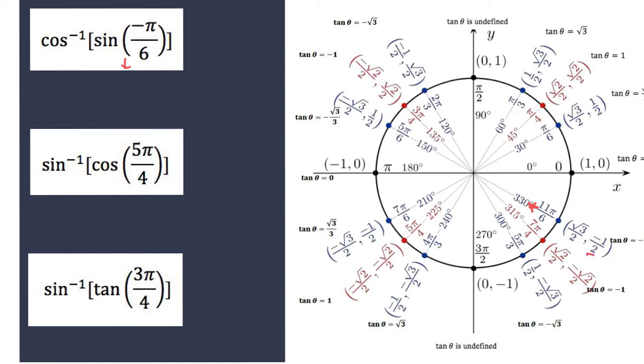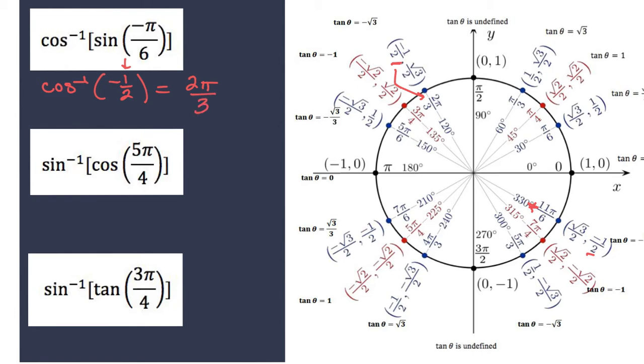Sine is the y value, so your answer is negative 1/2. Now we need to find inverse cosine of negative 1/2. Cosine is an x value, so we're going to find an x value in our principal root that is negative 1/2. And then we move to the inside to get our answer in radians, 2 pi over 3.